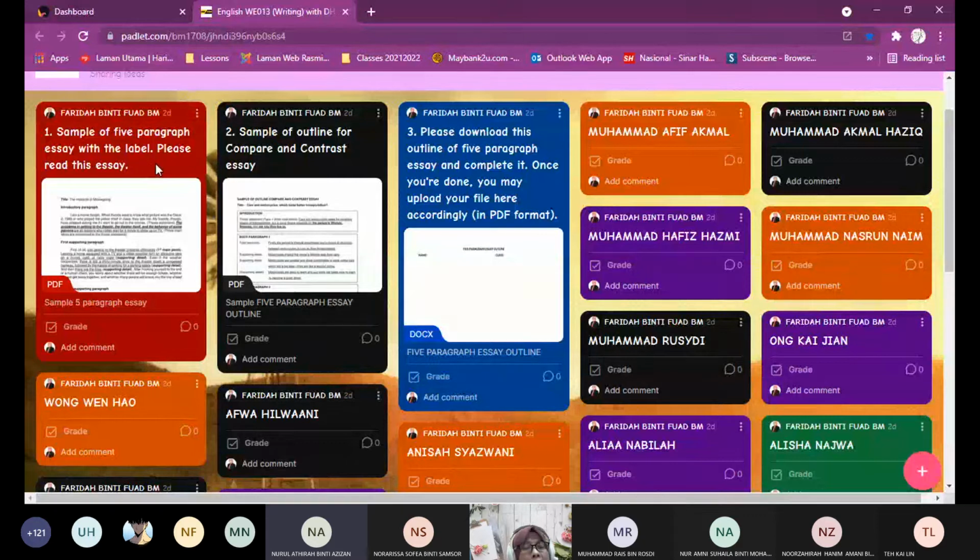Paragraphs 1, 2, 3, the body or the points. So you will have 3 paragraphs for the body. And then the last would be? Conclusion. Very good. I guess you still remember the basic structure of a 5 paragraph essay.